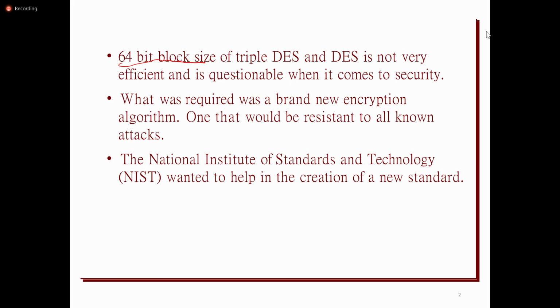If it is a video or audio file, the size will be even larger. Dividing that into 64-bit blocks and encrypting them individually will not provide security. That is why the DES block size is too small, and so we use another technique, the Advanced Encryption Standard.